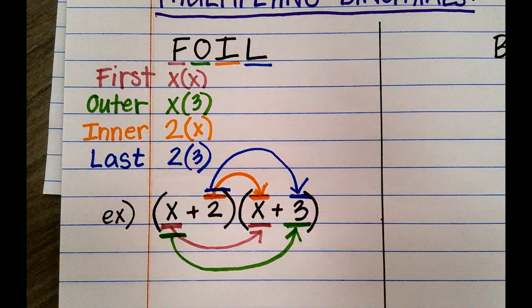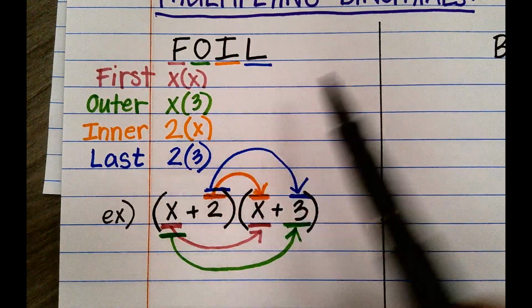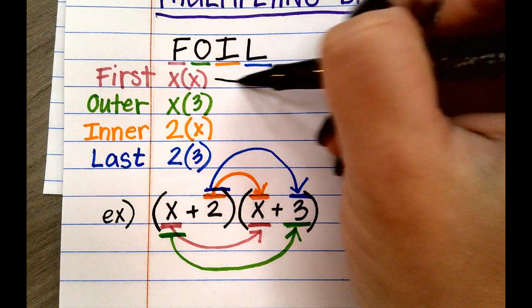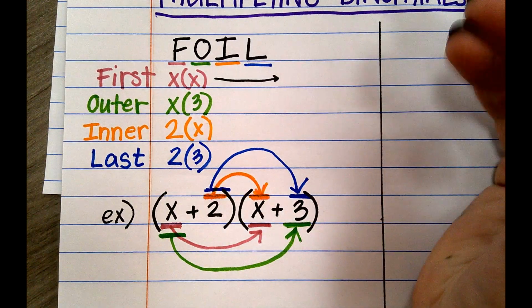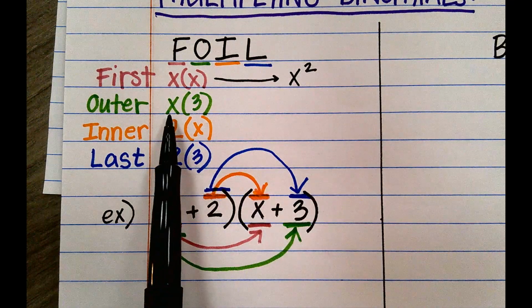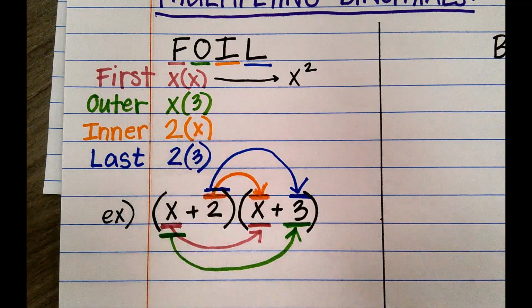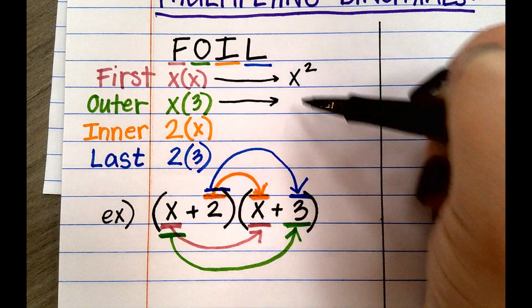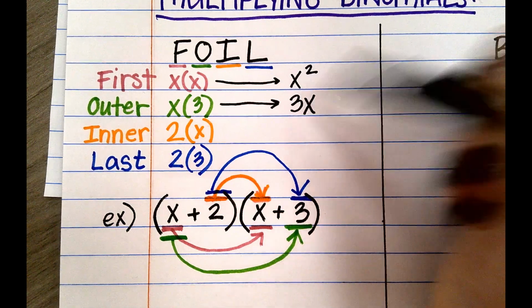So once you've kind of seen all these, let's look at what our answer might be. Let's go to the first terms. We did x times x. What is x times x? X squared. Good. Now I'm at the outer, x times 3? 3x. Yes, 3x.